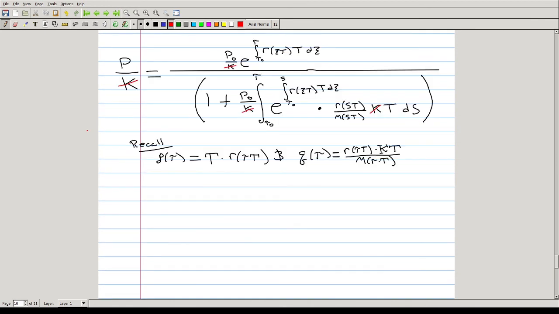We just want to think of doing a u substitution for both the integral of r of xi t times t d xi, and this s integral right here as well. So we'll do the u substitution: u is equal to t times xi, and the v substitution of v is equal to t times s, to give us that du is equal to t d xi, and dv is equal to t ds.